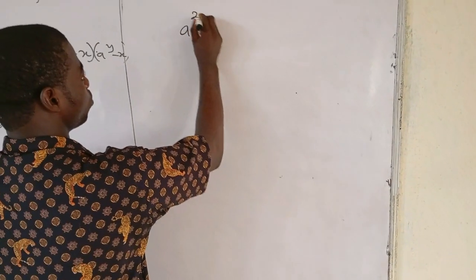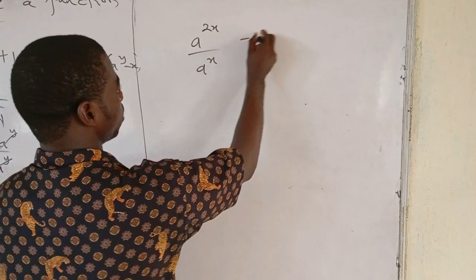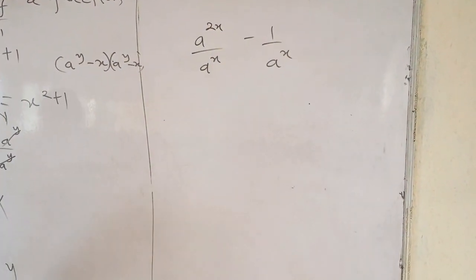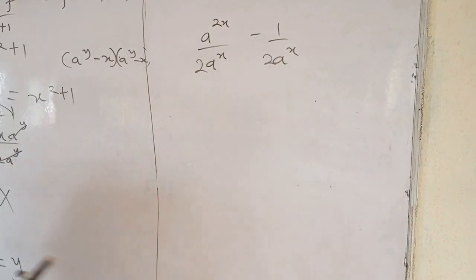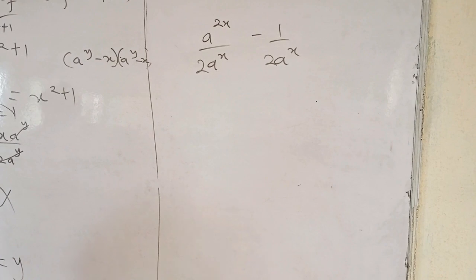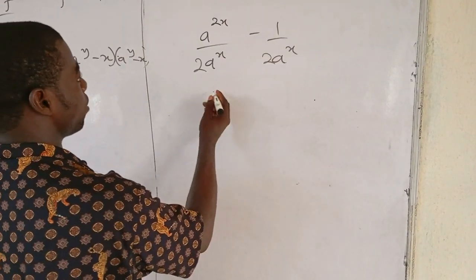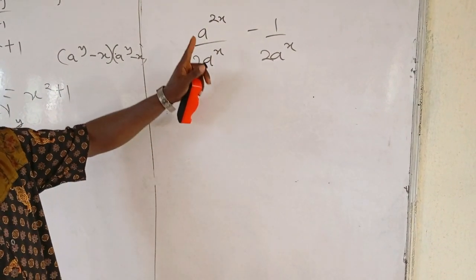A raised to the power of 2x all over a raised to the power of x, minus 1 over a raised to the power of x. Because what we have here is a common denominator. 2 is the common denominator, right? So by indices, we are going to have here a raised to the power of x.